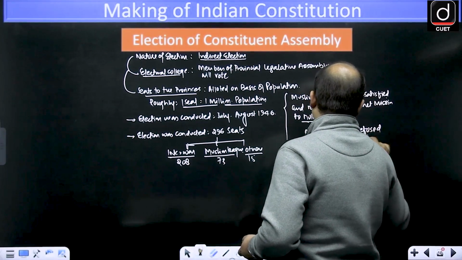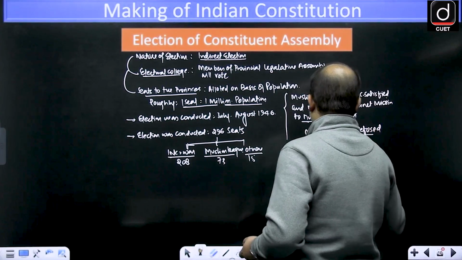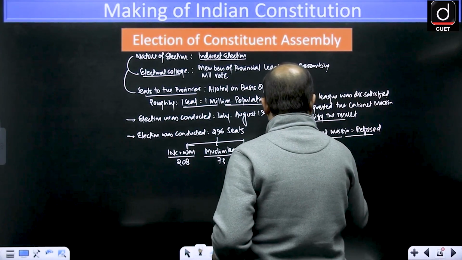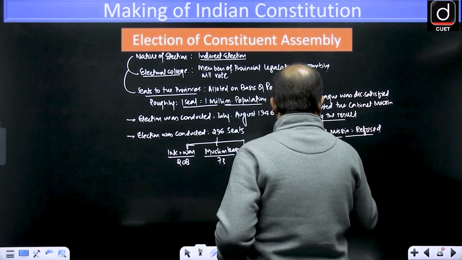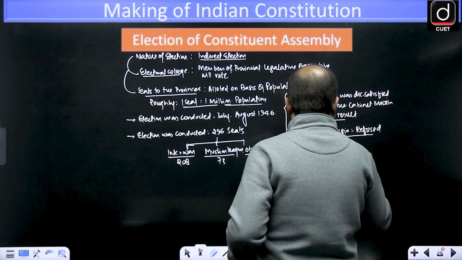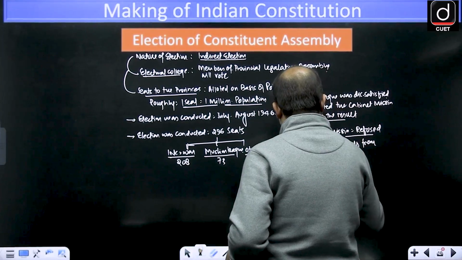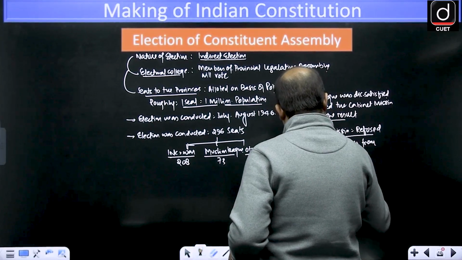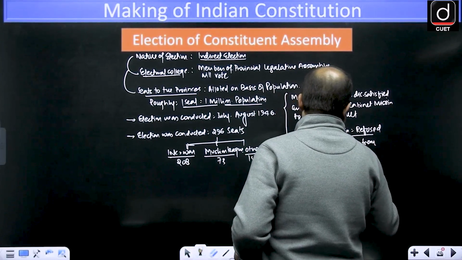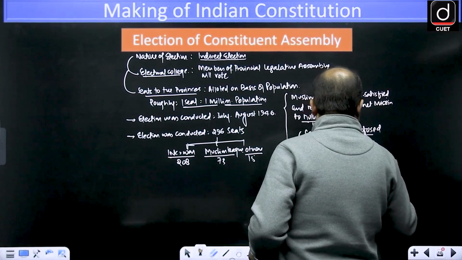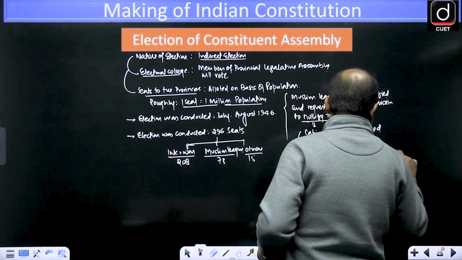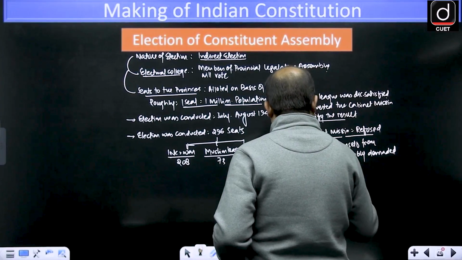Now guys, when the cabinet mission refused to nullify the result, the Muslim League refrained from the Constituent Assembly and demanded a separate state of Pakistan.